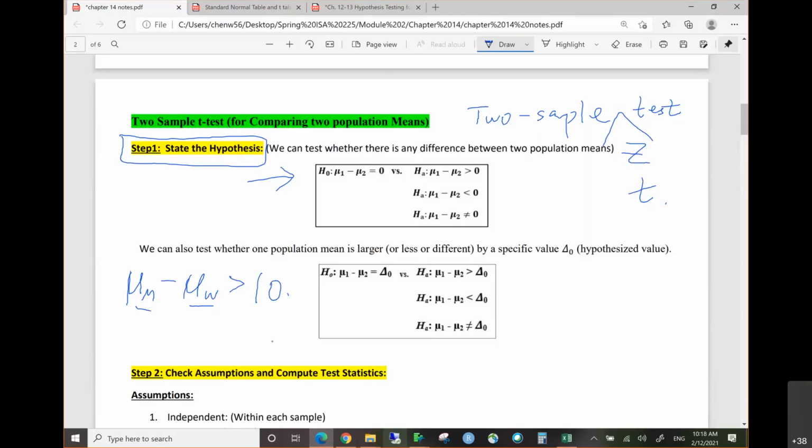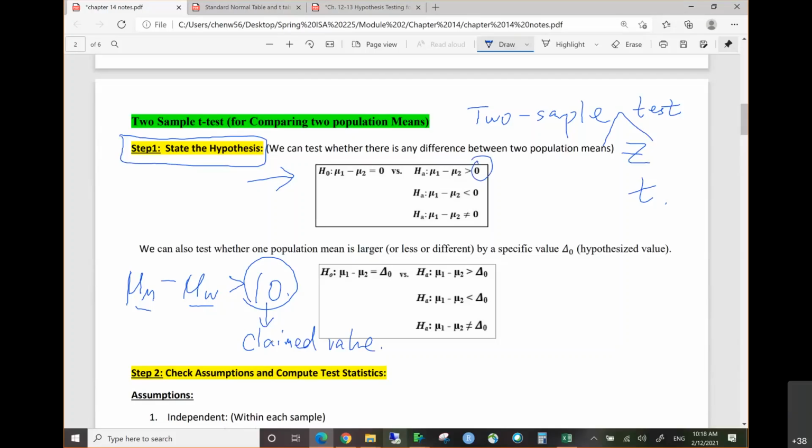So men is larger than women by 10 pounds. So this 10 again is our claimed value. So this is again our value we can test about. This 0 is a special case where we don't care how much mu1 is larger than mu2. We just want to compare these two.